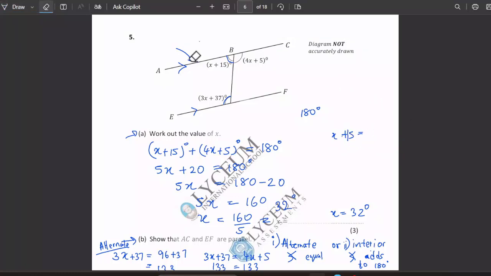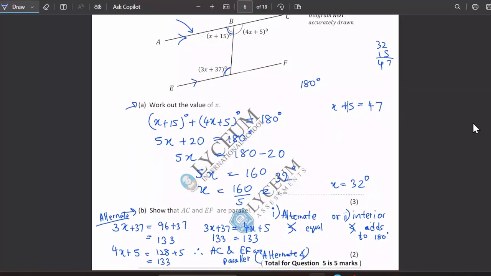It gives us 15 plus 32, 47. So this gives us 47.